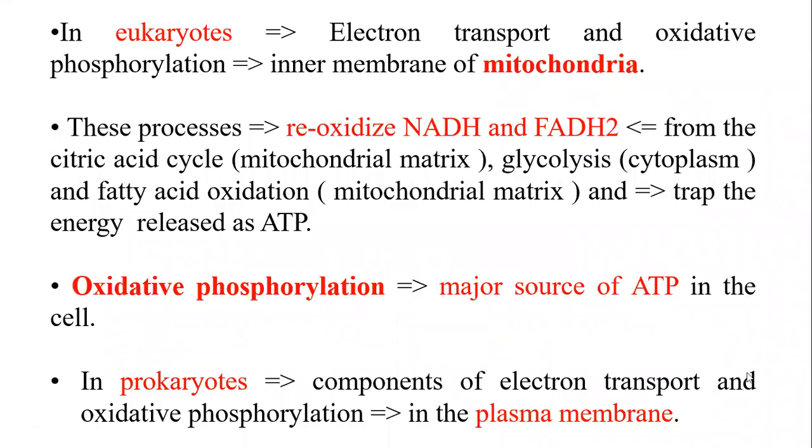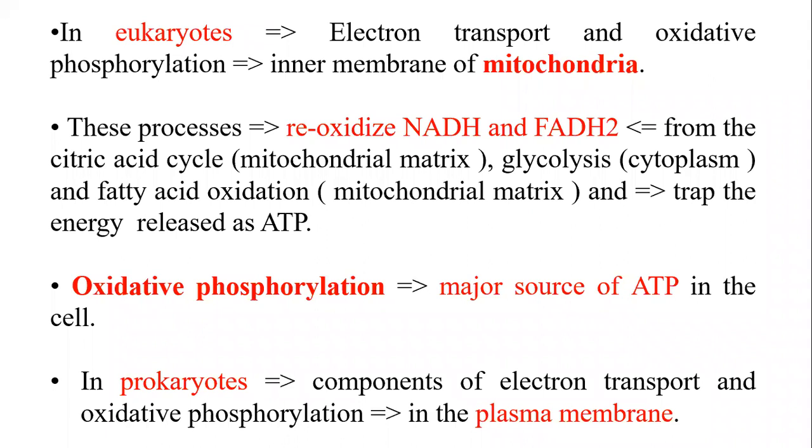In eukaryotes, electron transport and oxidative phosphorylation takes place in inner membrane of mitochondria. These processes reoxidize NADH and FADH2, which have been formed from the citric acid cycle in mitochondrial matrix, glycolysis in the cytoplasm, and fatty acid oxidation in mitochondrial matrix, and trap the energy released as ATP.